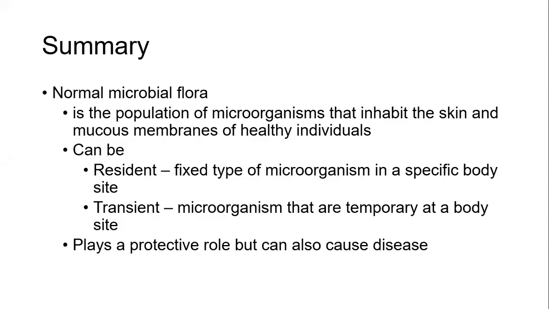They can be resident, that's a fixed type of microorganism found at a specific body site, and it differs from site to site and sometimes differs with age, gender, race, and all that. They can also be transient, and these are temporary microorganisms at a body site. They could play a protective role, which we've specified, but they also have the ability to cause disease.